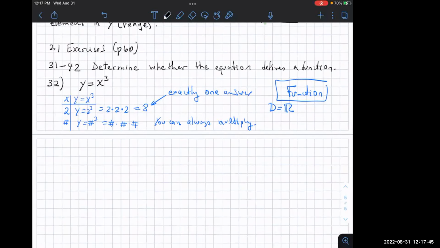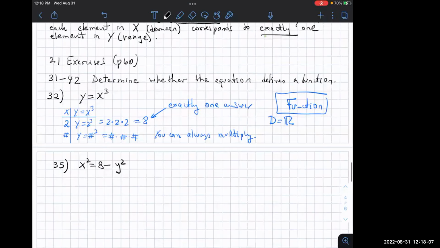So let's look at the case. Actually, when it's not a function, sometimes it's obvious, sometimes it's not. Let's look at 35: x squared equals 8 minus y squared.